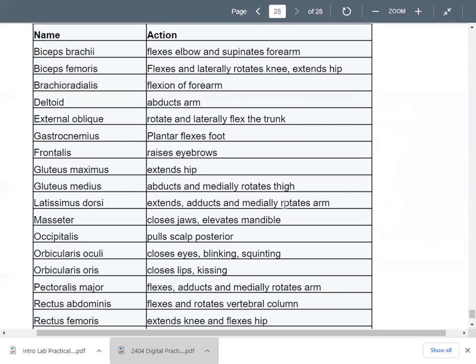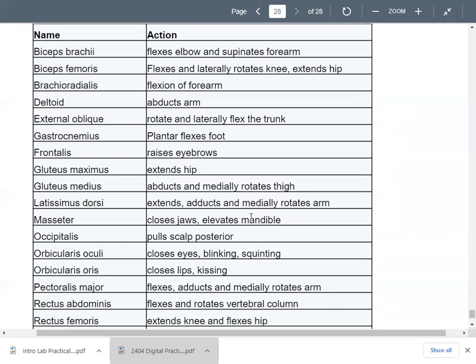Pectoralis major, all right, helps you with flexing your arm, helps you with adducting your arms, and medially rotating your arms. All right, rectus abdominis. It's going to flex and rotate your vertebral column. Rectus femoris. Okay, it's going to extend your knee and it's going to flex your hip.